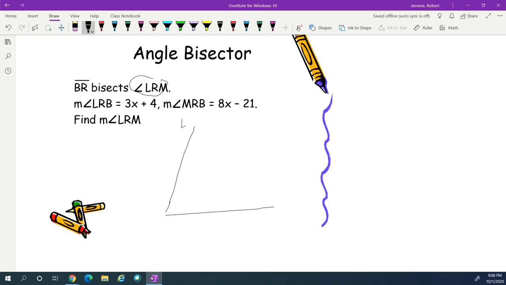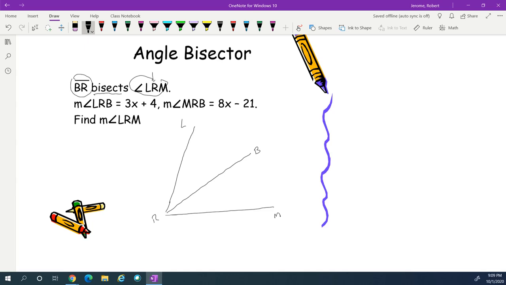I don't know what it's supposed to be. L, remember the middle letter is always the vertex. R, M. Now, a segment called BR bisects it. Well, I already have R in the picture. I can't have two R's. So I guess B is out here.